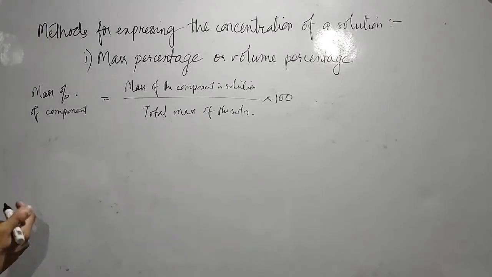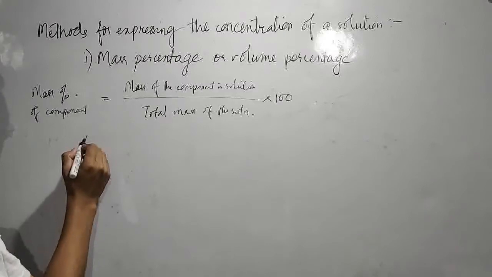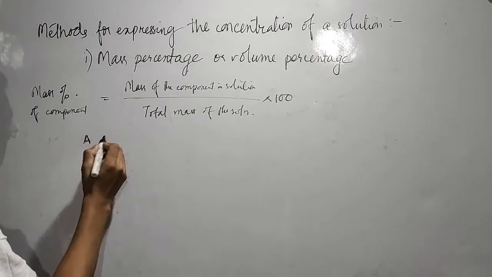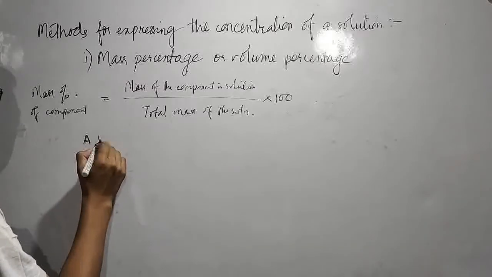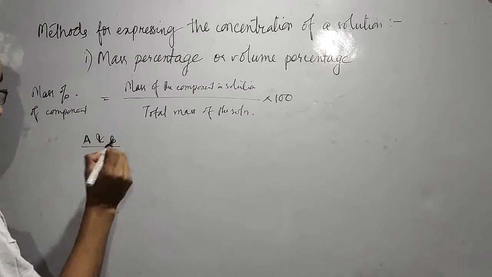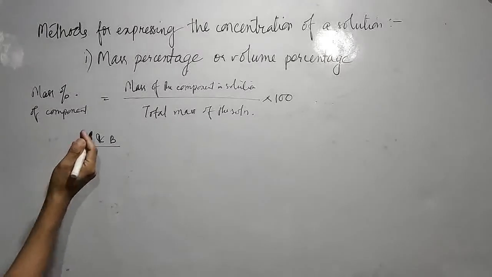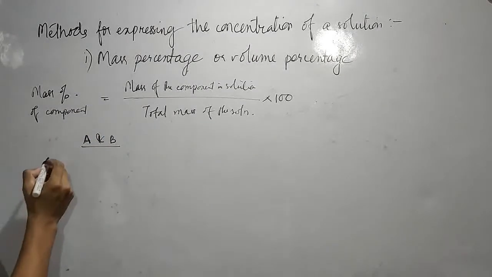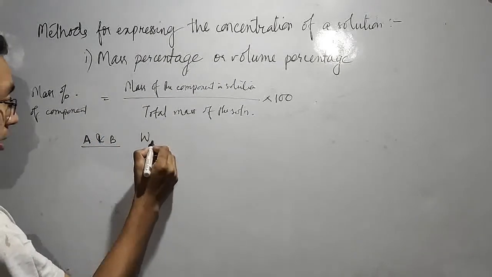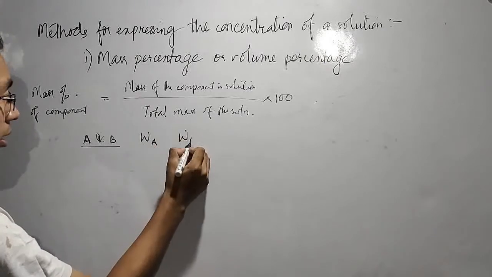Suppose two components are there in a mixture or solution, A and B, and we are asked to find the mass percentage of A. Their respective masses are WA and WB.